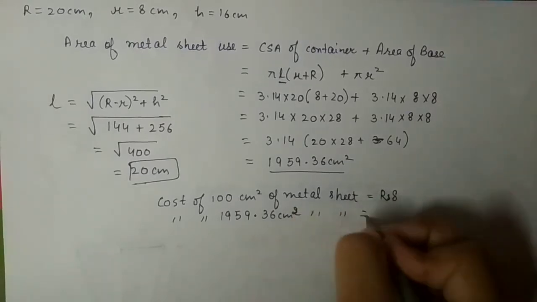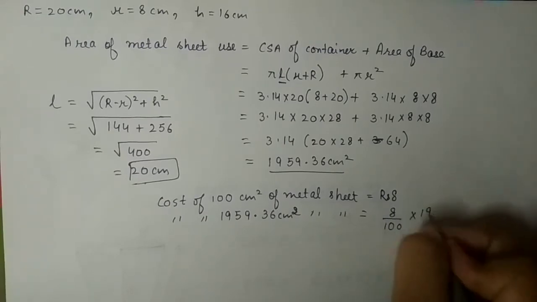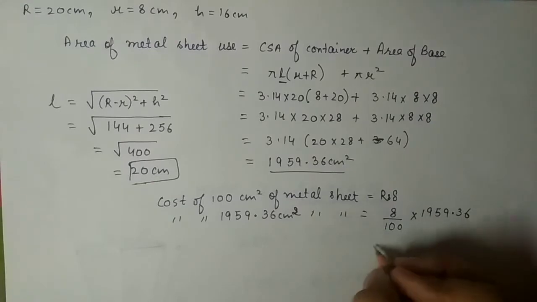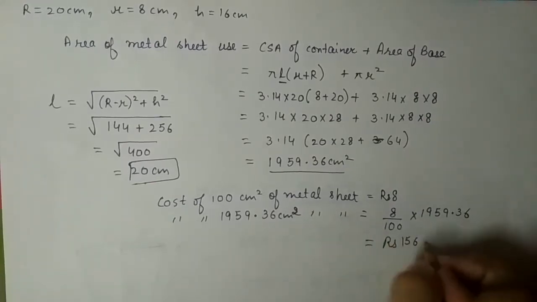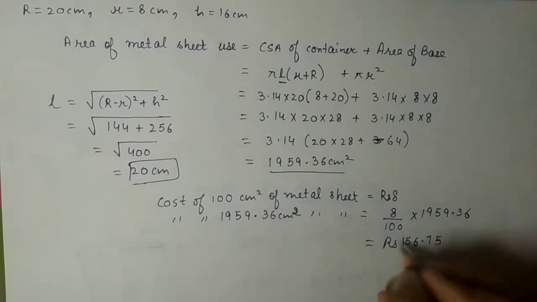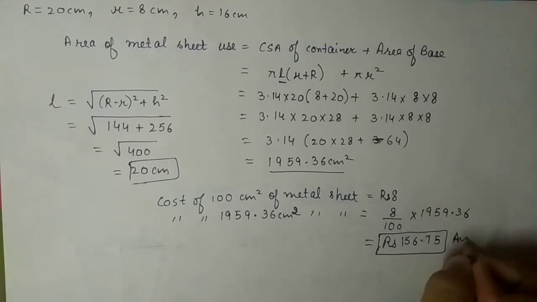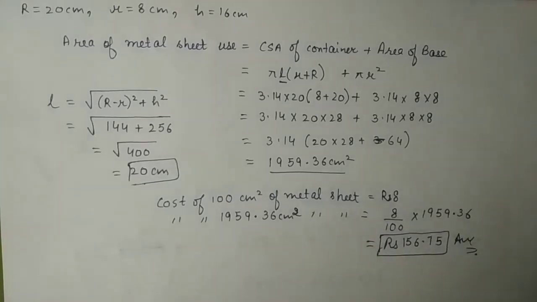It would be equal to 8 upon 100 into 1959.36, and on solving you will get it equal to 156.75 rupees. So the cost of the metal sheet used to make the container is rupees 156.75, and this is your answer.